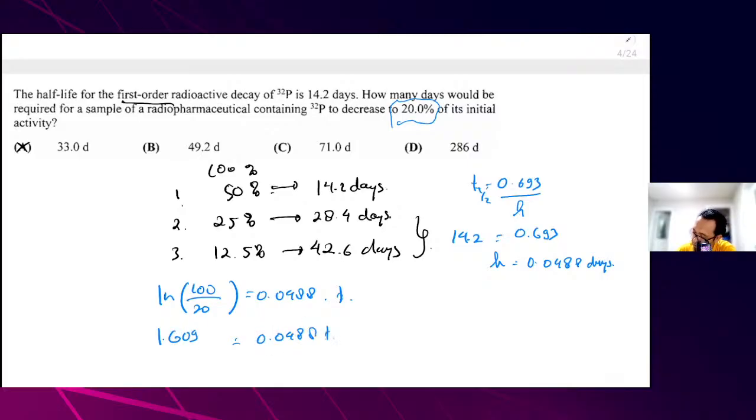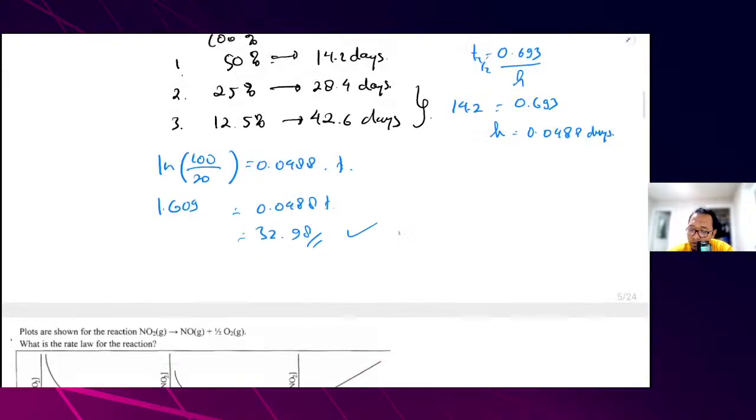This is t, so just divide it by 0.0488. The answer will be 32.98. So the answer is the same, A, right? Just remember the concept.